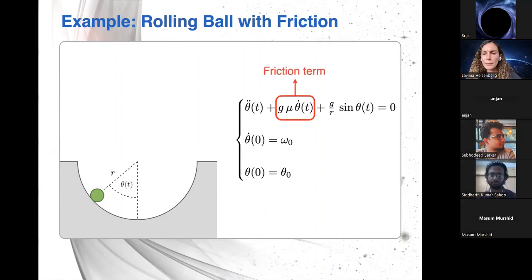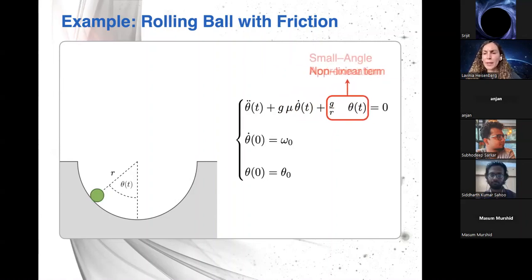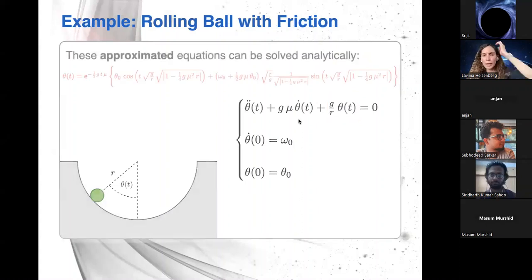This term here is the friction term, and this term here is the nonlinear term, which makes it difficult to solve. Therefore, we can make, for example, a small angle approximation, and then this becomes linear. And then we can see, with this small angle approximation, can we find simple solutions? Of course, we can find them.